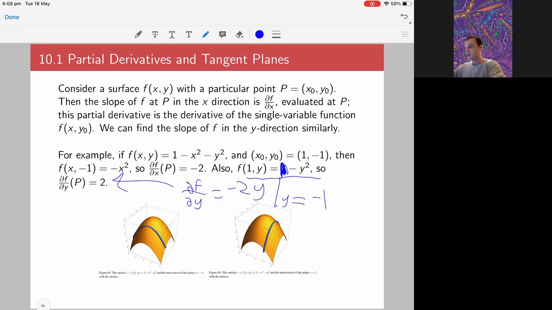So here we've got some graphical representations of what's actually going on here. This yellow surface is precisely the function f of x, y equals 1 minus x squared minus y squared.